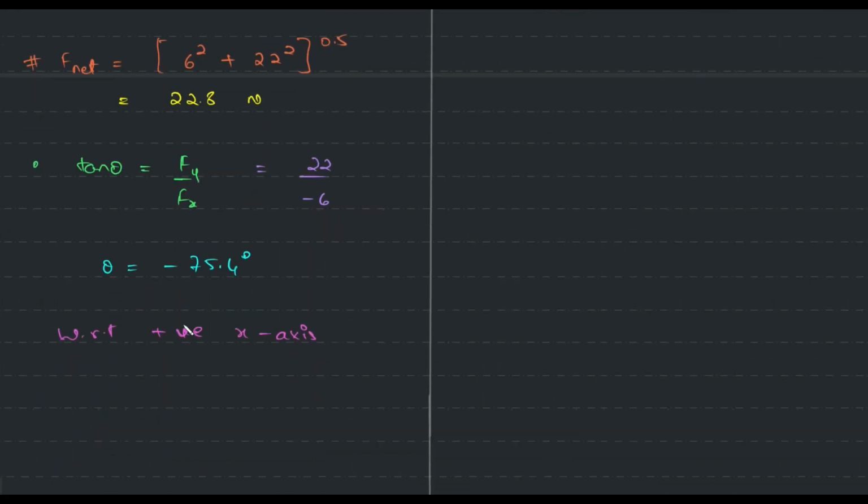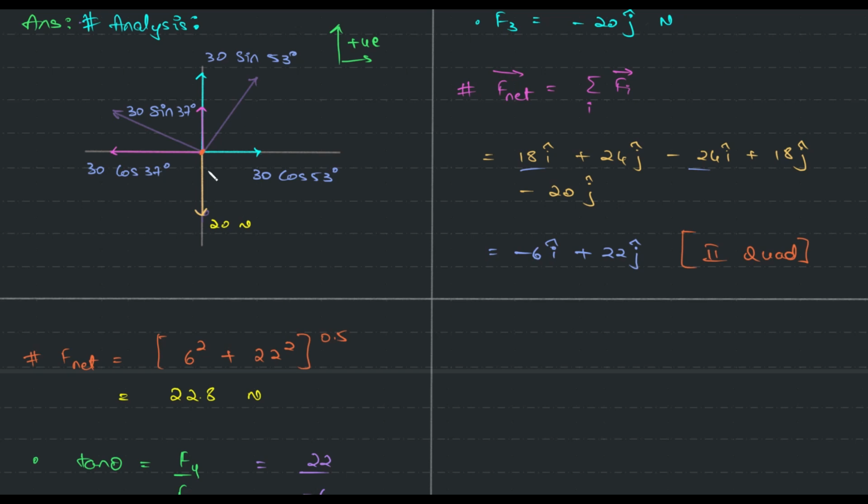So the negative sign indicates it is clockwise. So if I go clockwise 75.4 degrees over here, I'll end up somewhere at this spot. And if I draw a line, it would be something like this.